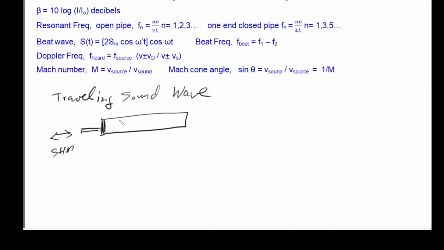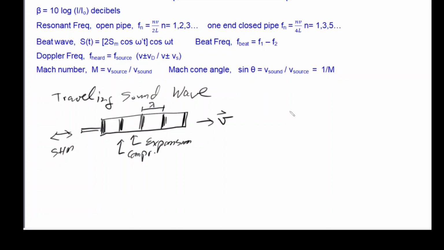We get sound waves where you get areas of compression and areas of expansion. So that would be compression of the medium. That would be expansion of the medium. And between two similar points, that would be a wavelength. And the sound wave is moving in the tube in that direction. So this is a longitudinal wave. The elements of the medium are moving in the direction of the wave itself.